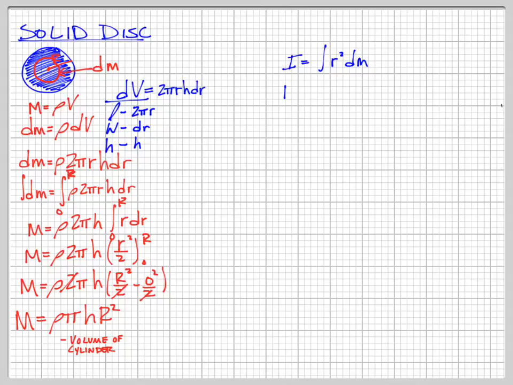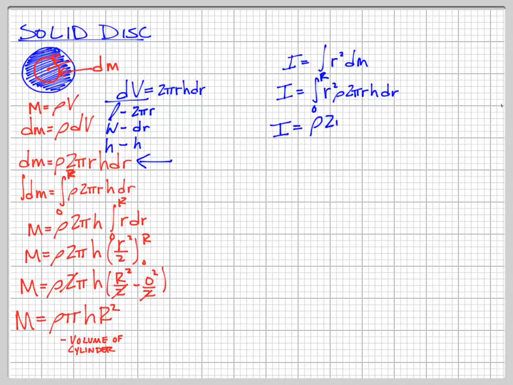It's rho times 2 pi r h dr. We're going to multiply that by an extra r squared, going from 0 to r again. What we're going to do is pull out everything that's constant and just leave all of the r's and the dr inside of that. That's the only thing that changes as we go to different pieces of dm.